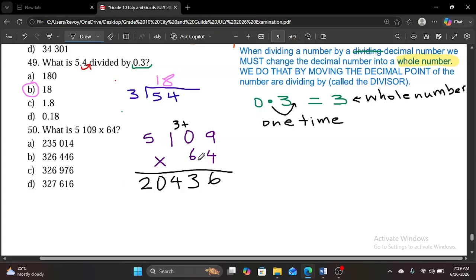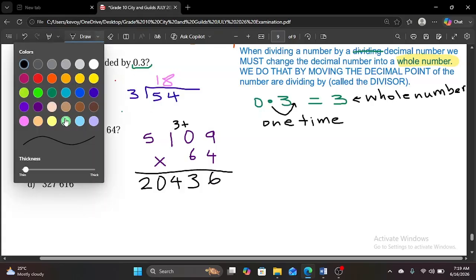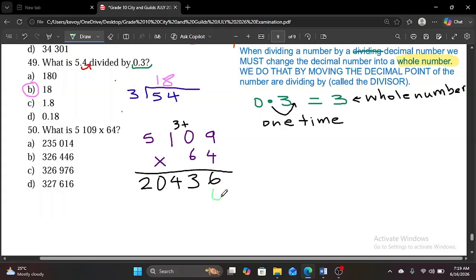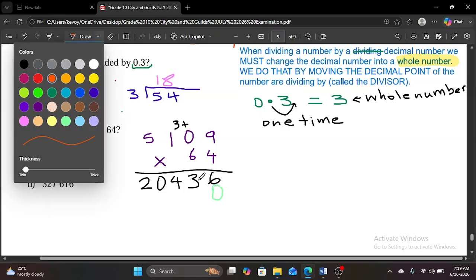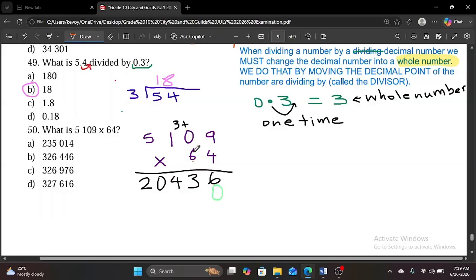And then you're gonna multiply by 6 afterwards. So you put down a placeholder 0 first, and then you start multiplying by 6. So that's gonna be 6 times 9, which is 54.